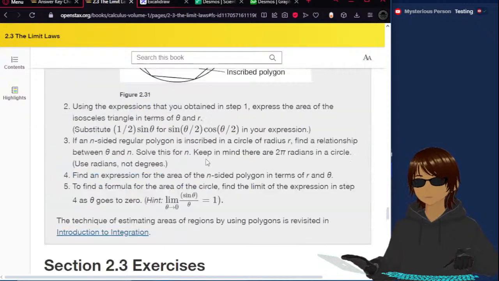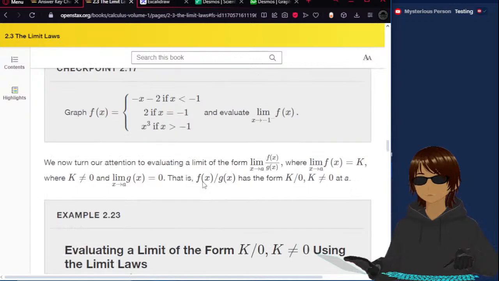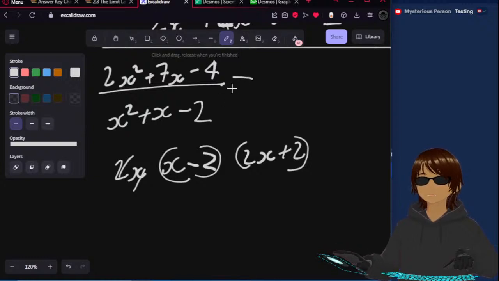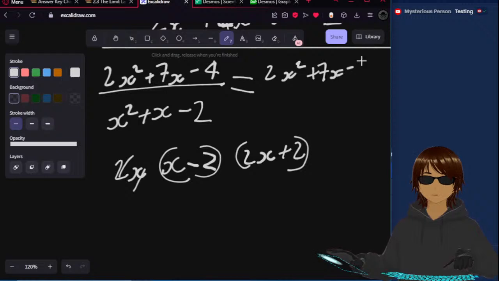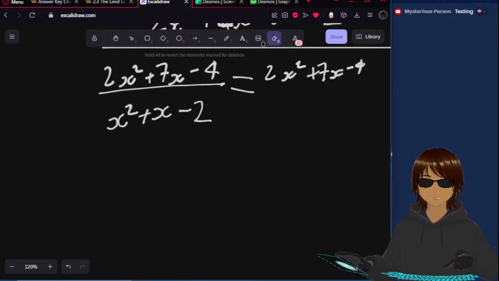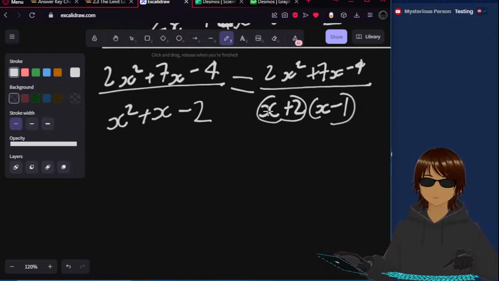Okay. I think I have to split the bottom, the denominator. To x. Yeah, this is correct.